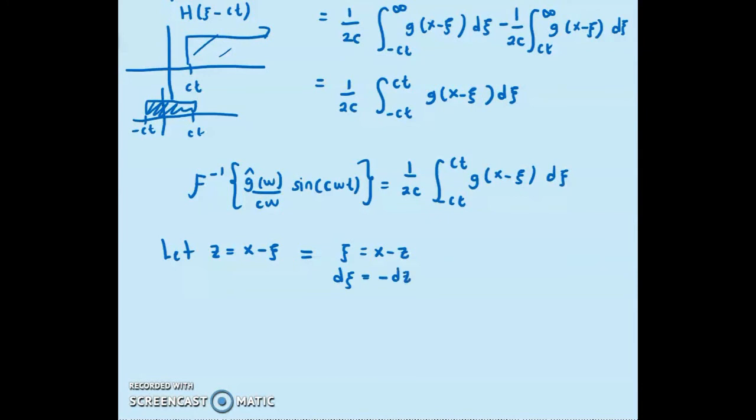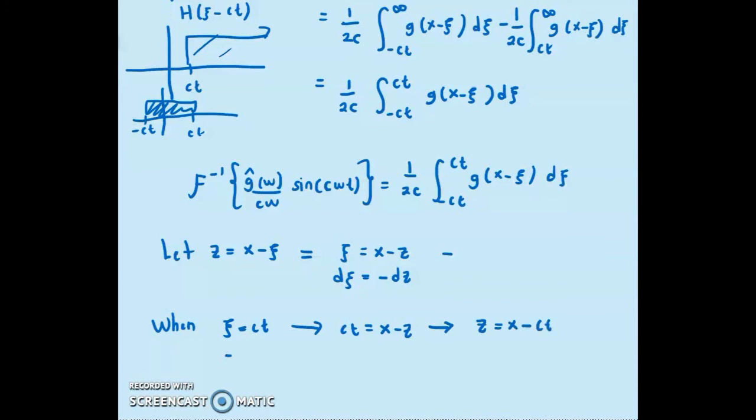I'm going to transform this to z. When psi is ct, so what happens to my z? Ct equals x minus z, that gives you z equals x minus ct.